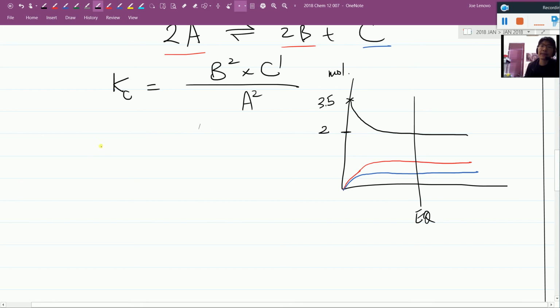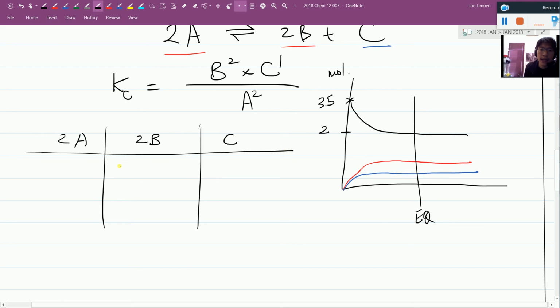Then we should set up a table with A, B, and C: 2A, 2B with C. Initially, we have 3.5 moles and 0 and 0. Then the change of moles going through the process: A dropped. So this is the initial mole and the change of mole. Initial is 3.5, and the change is 3.5 down to 2, so this is 1.5.